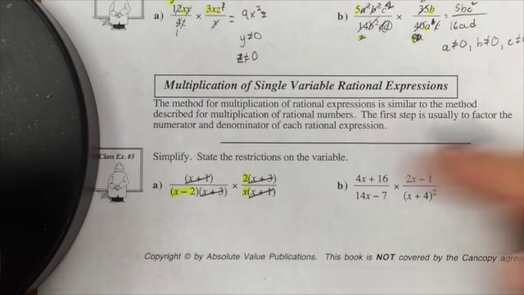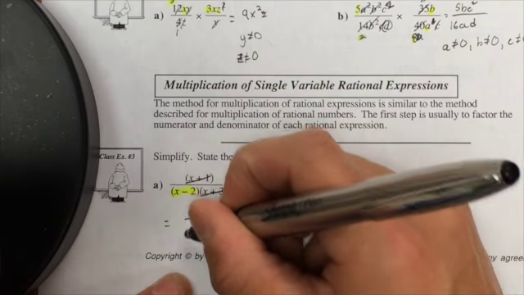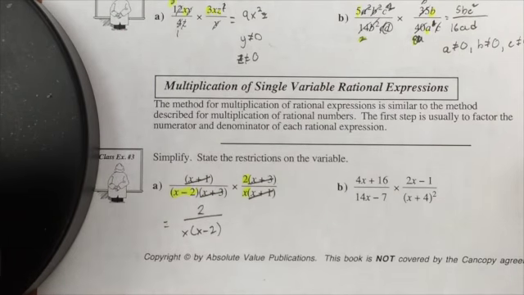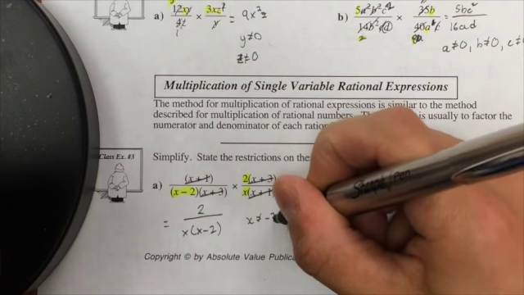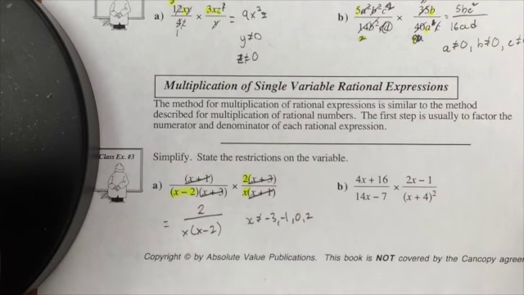And so the next thing we do is just multiply those together, and we're left with 2 over x times x minus 2. And then my restrictions on x are going to be -3, -1, 0, and 2.